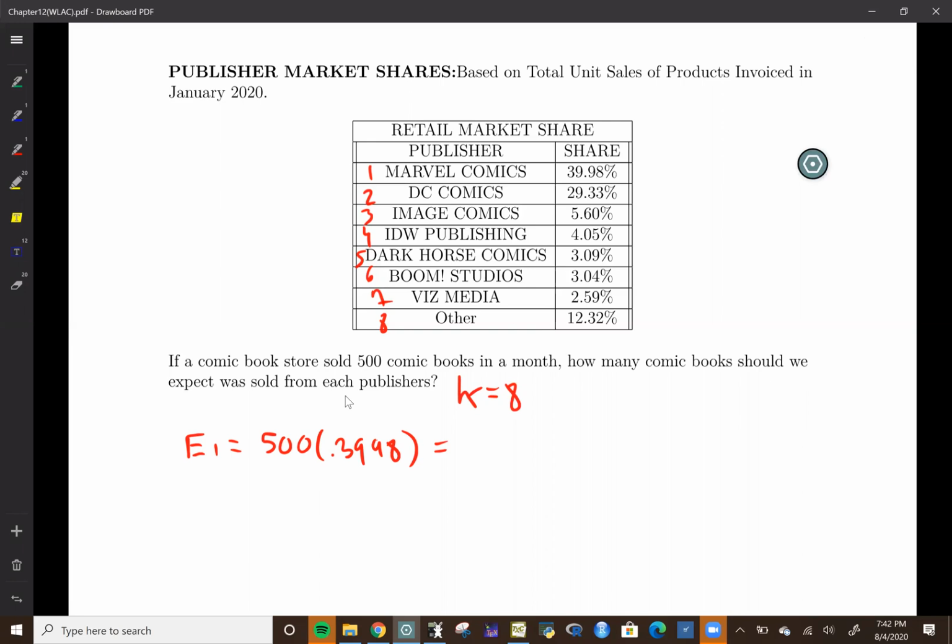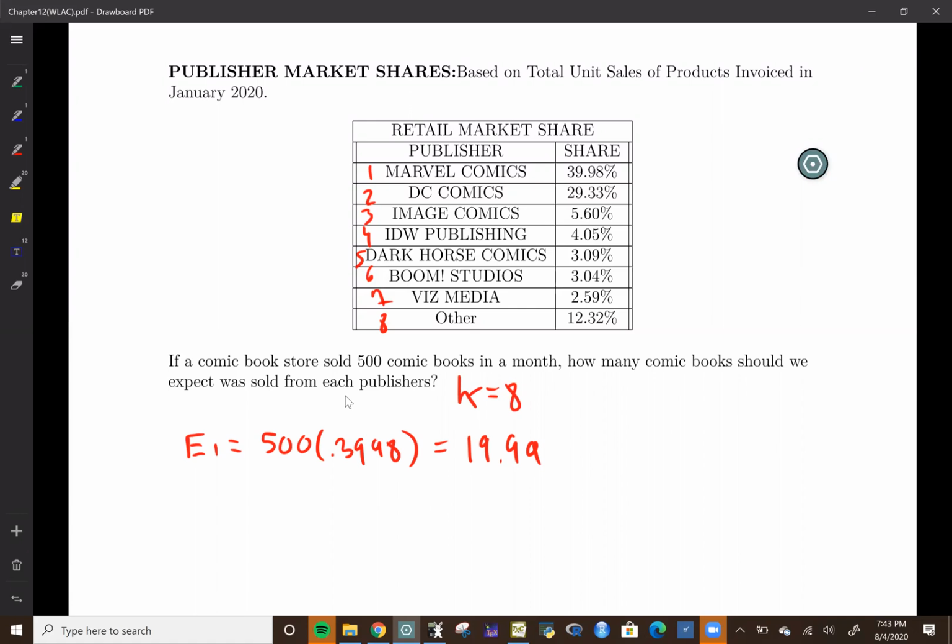On my calculator, 500 times 0.3998, you get 19.99. That's how many comic books we should expect them to sell. But that number is extremely wrong, because I multiplied times 50, not 500.